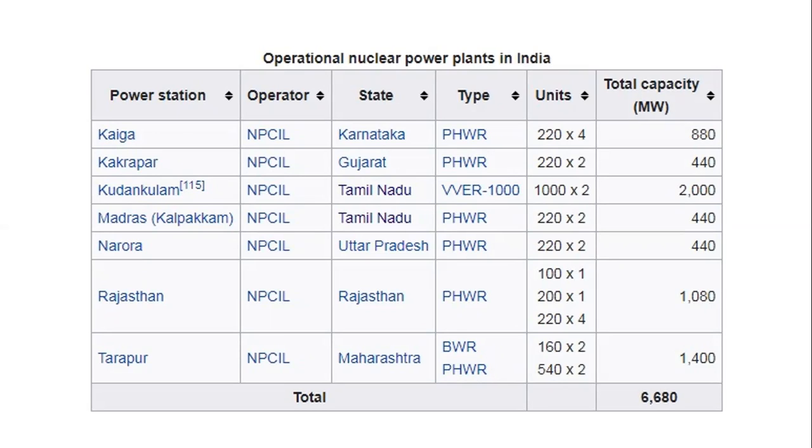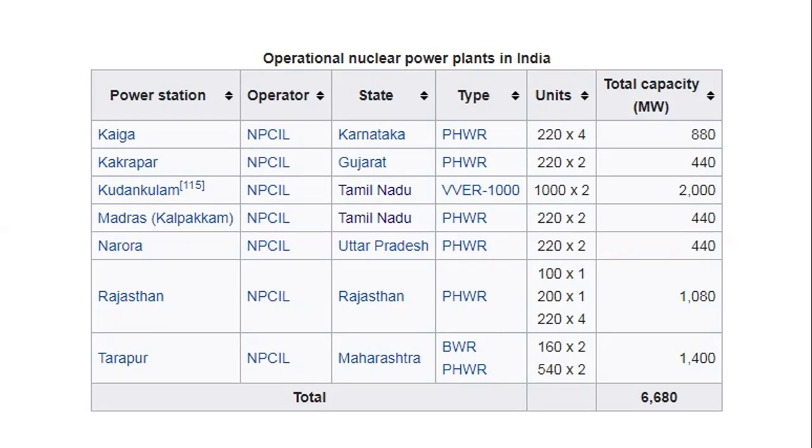It has 4 units, each of 220 megawatts, so the total capacity of the Kaiga plant is 880 megawatts. Then Kakrapar in Gujarat uses a pressurized heavy water reactor containing 2 units, each of 220 megawatts, so the total capacity of the Kakrapar plant is 440 megawatts.